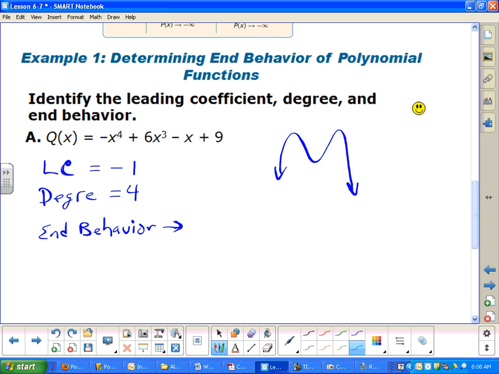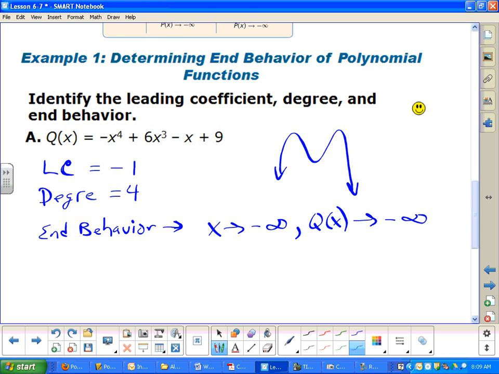So as x goes to the left, to negative infinity, y goes to negative infinity. And as x goes to the right, positive infinity, y goes to negative infinity. So we'll say that as x approaches negative infinity, our function q of x approaches negative infinity.